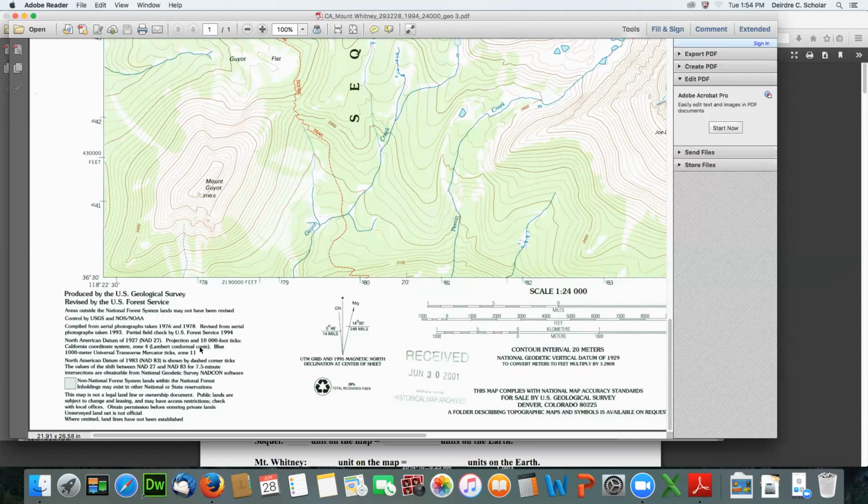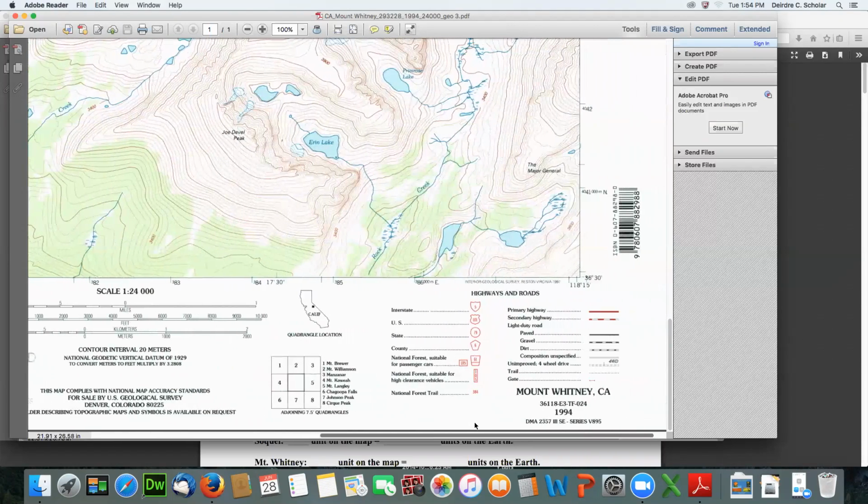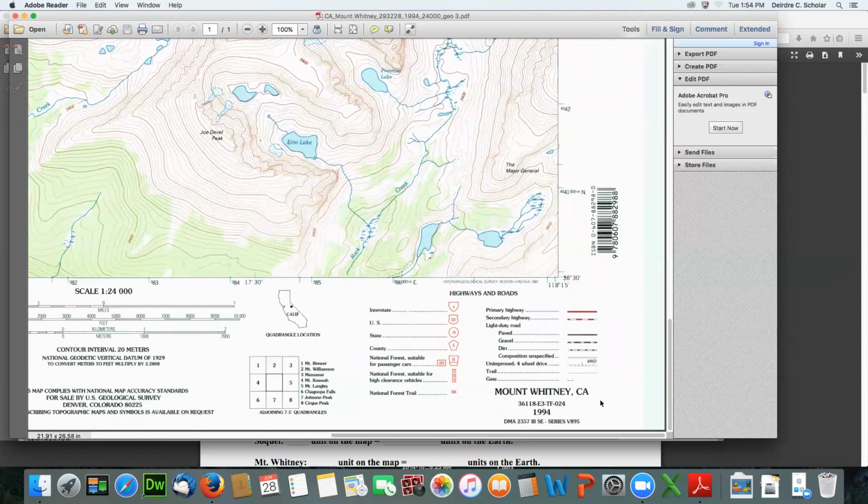So notice that the Mount Whitney and the SoCal quadrangles do not actually have the same projection type. And that probably has something to do with the dates of publication. The Mount Whitney quadrangle is more recently produced, and so probably the map makers decided to use a more updated type of projection than they did with the older SoCal quadrangle.